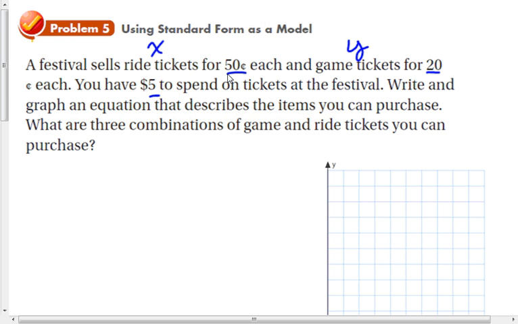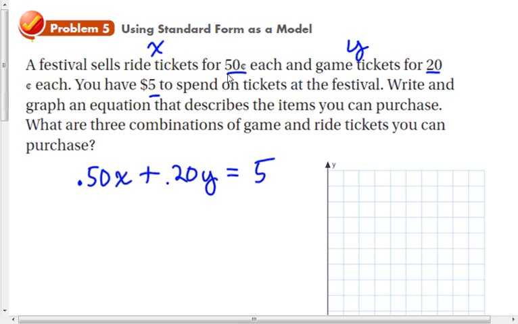Now, ride tickets are 50 cents each. So the amount we spend on ride tickets can be represented as 50 cents times X. And then the total we spend includes the amount we spend on game tickets, and those are 20 cents each. So the amount we spend on game tickets is 20 times Y. And that's going to equal our total of $5.